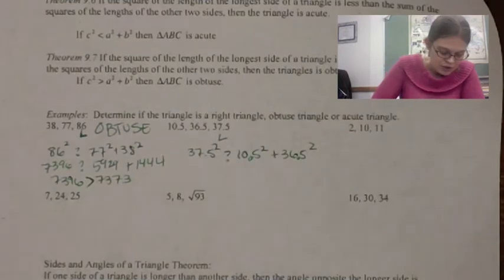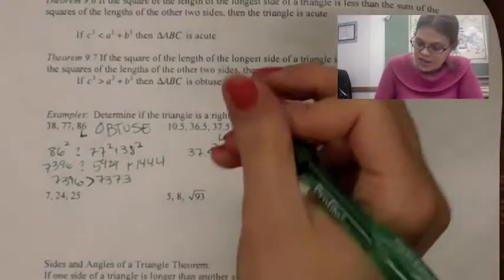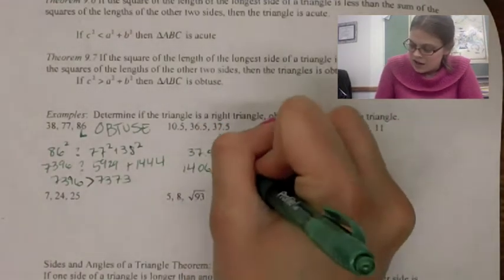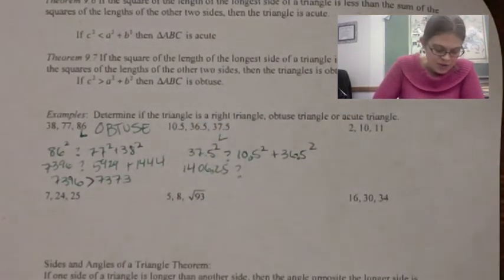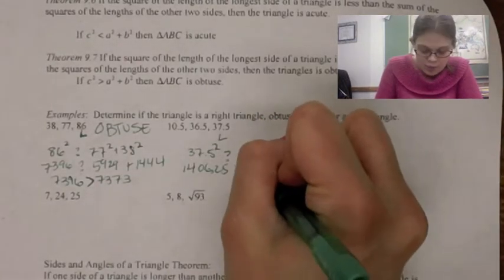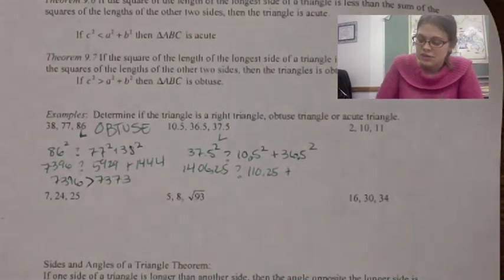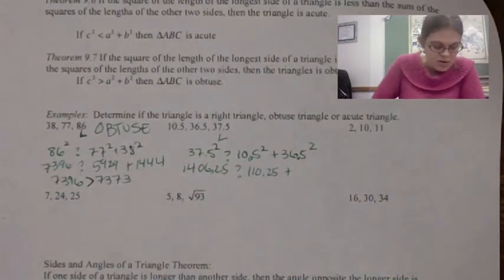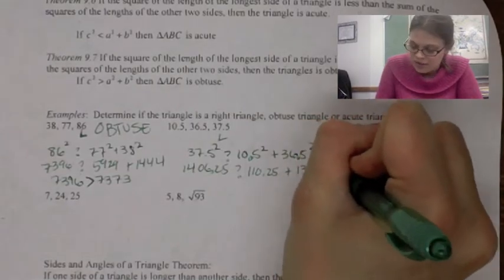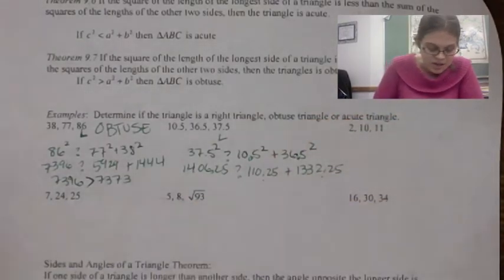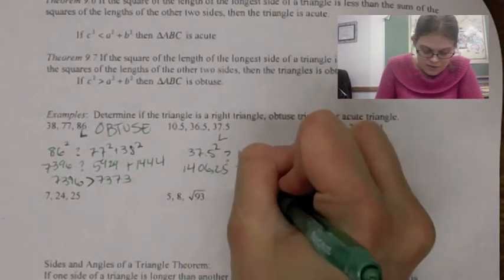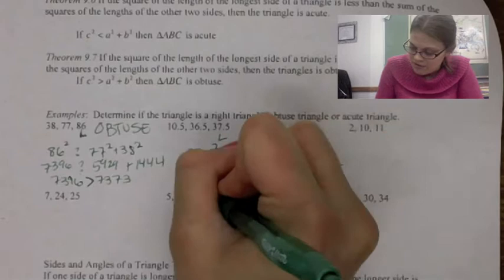So 37.5 squared is 1406.25. 10.5 squared is 110.25, and 36.5 squared is 1332.25. So if I add these two together, I get 1442.5.